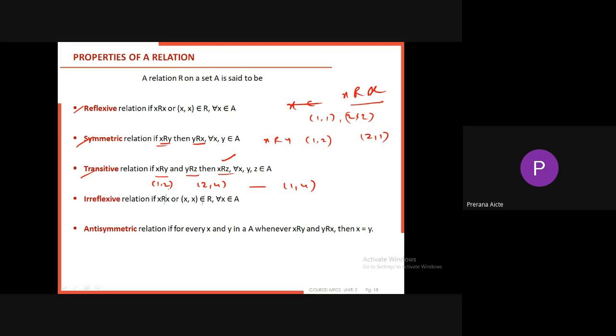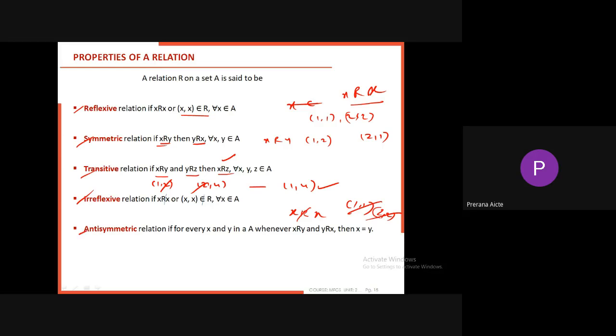If so, the relation is said to be transitive. Irreflexive is the opposite of reflexive. Reflexive means x is related with x. Irreflexive means x should not be related with x, so we should not have ordered pairs like (1,1), (2,2) in that relation.